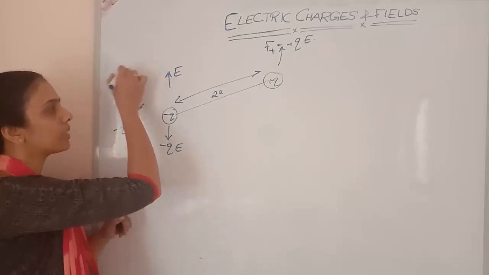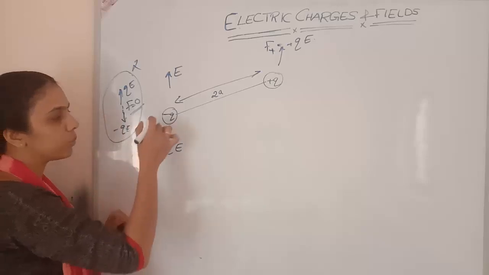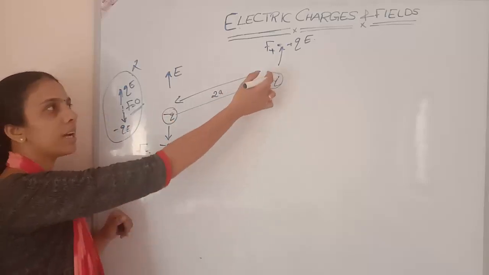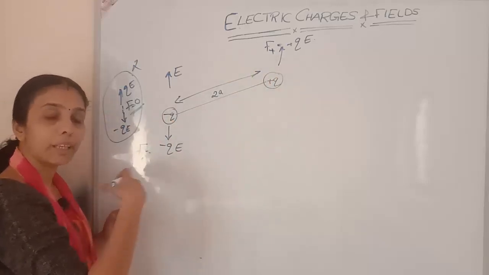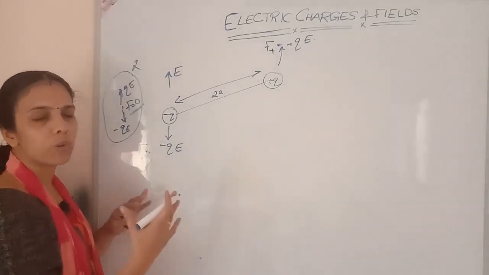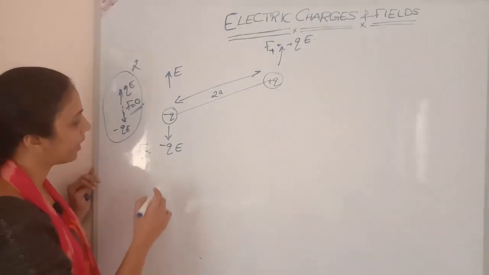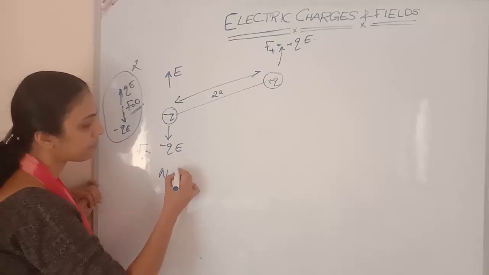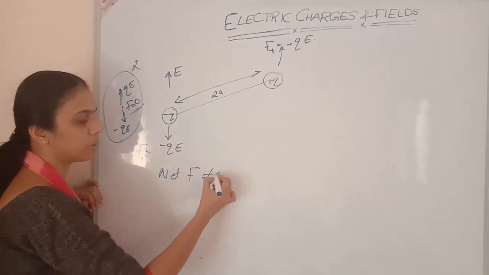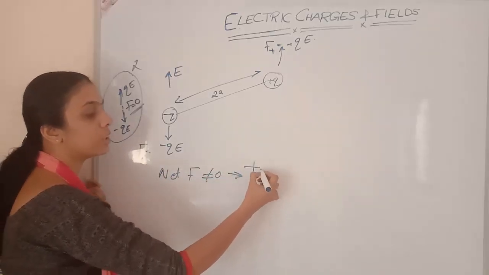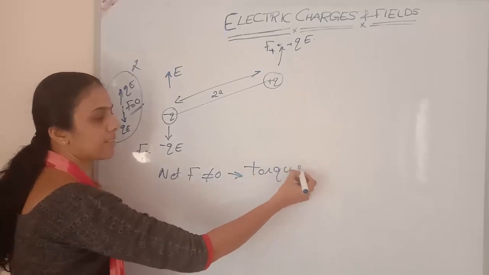But here this is not the case. Here minus qE is acting over here and plus qE is acting over here. So the net force is equal to 0, but instead a torque will be acting on the system.